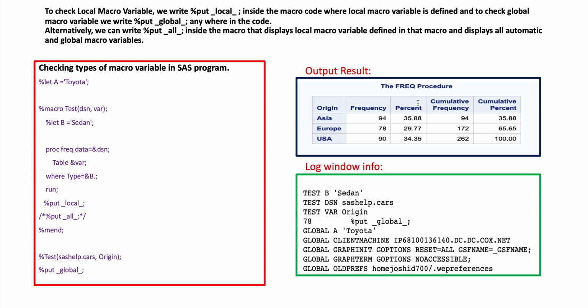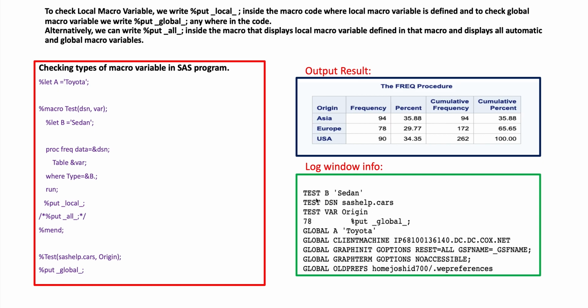This is the frequency table we observe in the result window. Now we are going to check the types of variables, so we observe the log window. From the log window, we observe the following information: test B sedan, test DSN sashelp.cars, test var origin.